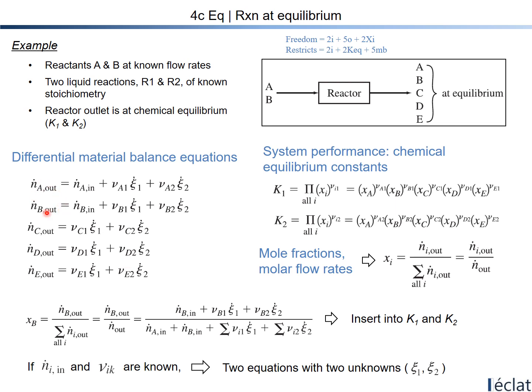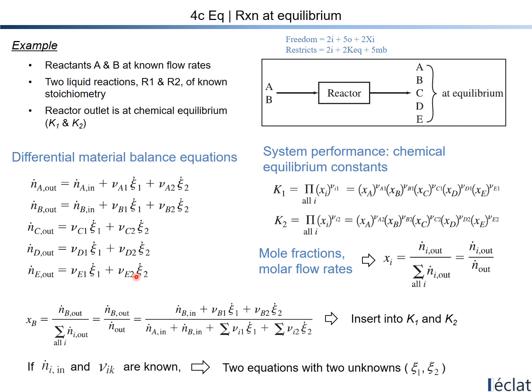For the reactant, output is equal to input plus generation term. Actually the consumption term. So A and B are consumed in reaction 1 and reaction 2. The other thing is the products C, D, E. Output is equal to no input plus generation term through reaction 1 and reaction 2.